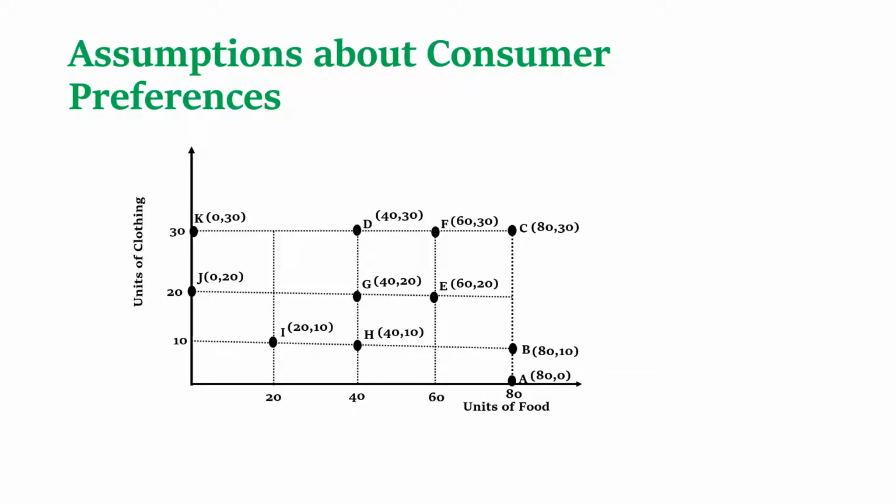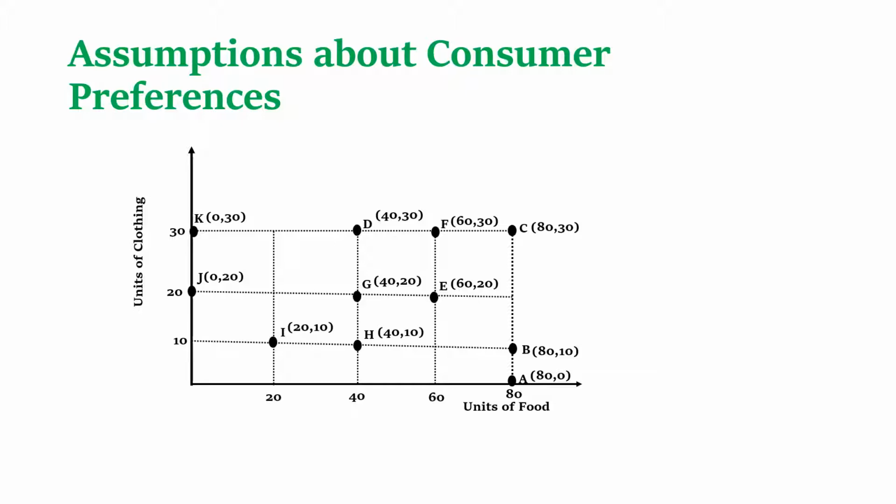Here we look at various bundles of the goods consumed. Now, we are assuming here that the consumer consumes only 2 commodities, that is clothing as well as food.